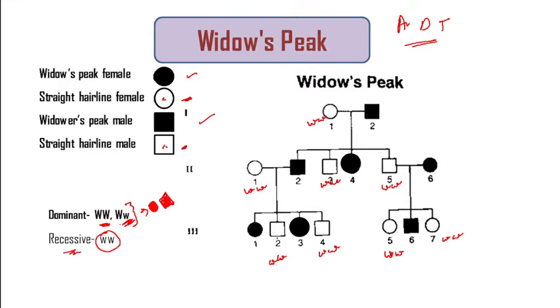Now in this particular individual, one small w allele would have come from the father and one from the mother.